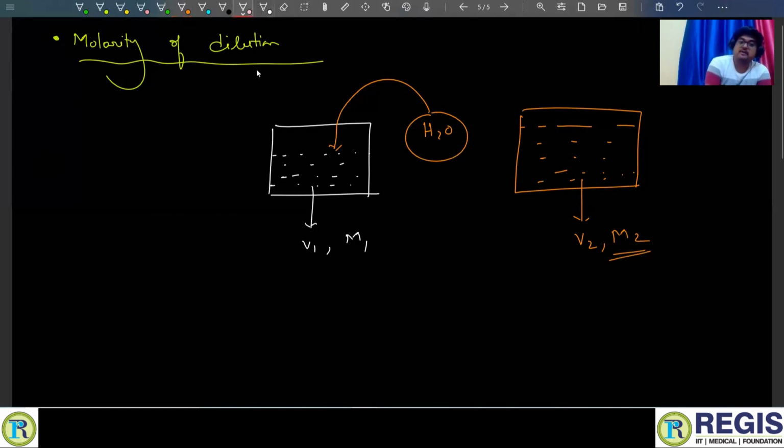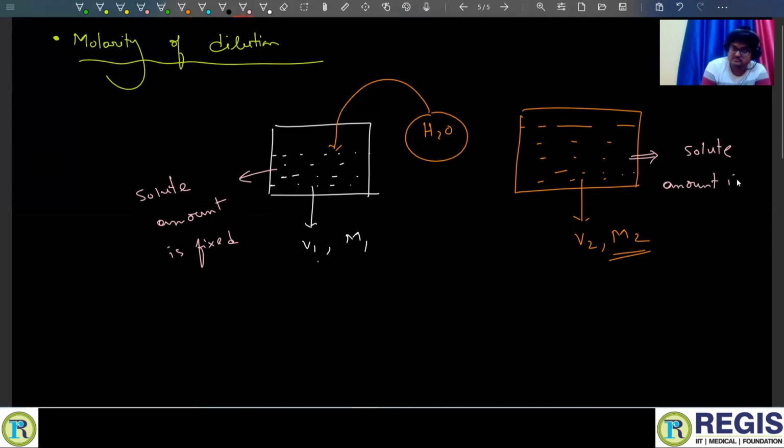Now always remember, in this case, whatever total amount of solute is always fixed, because we are not adding any type of solute. So solute amount is fixed here also. Okay.